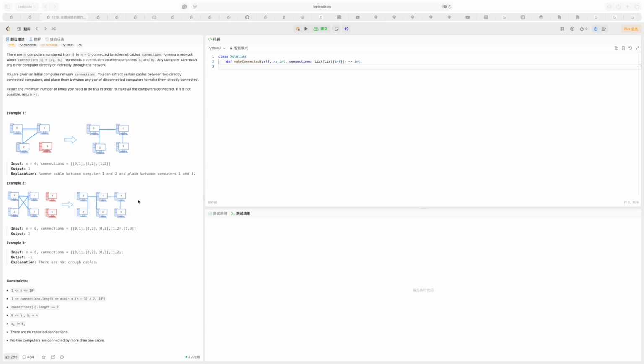So I think basically the problem wants us to find the isolated computers.